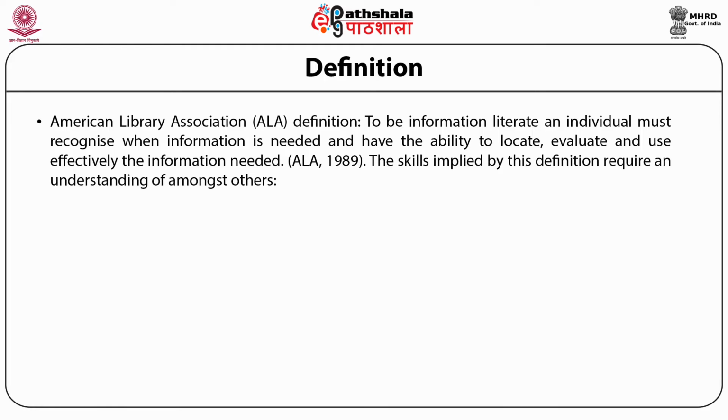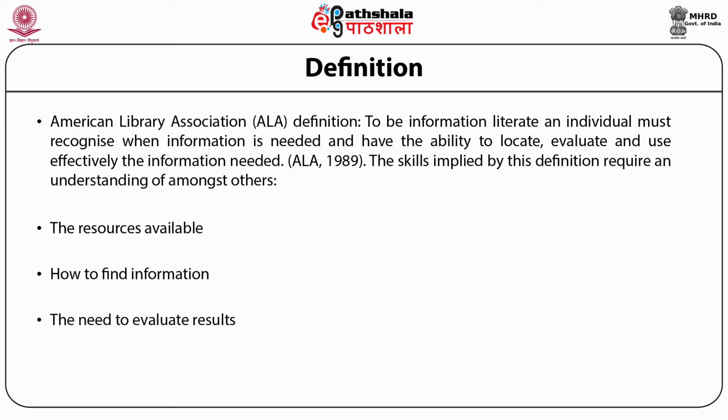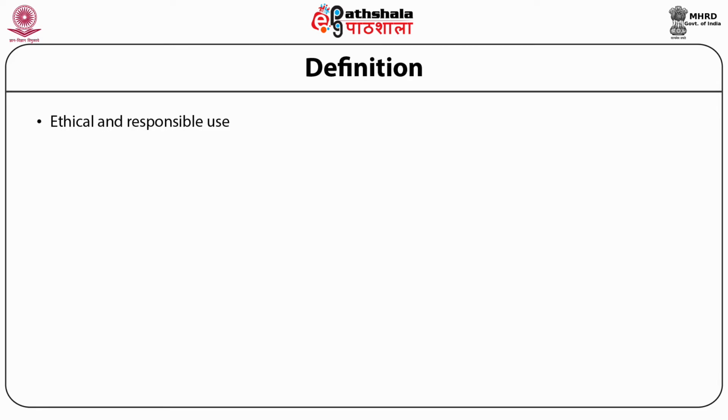What you need to understand through the information literacy program is what the different resources available in and around you are, how you can find the information available near your library or the collection that you have, the need to evaluate the results, the findings that you have, and how to work with or exploit the results from the information.